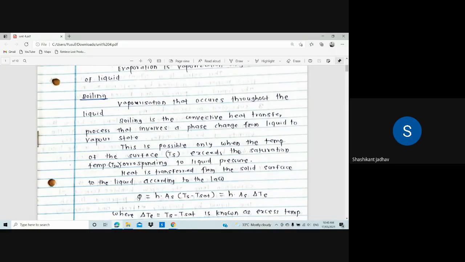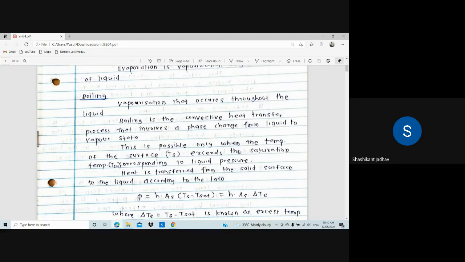Heat is transferred from the solid surface to the liquid, according to the law.